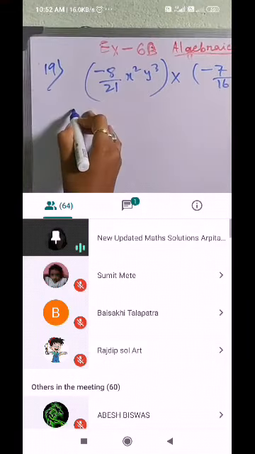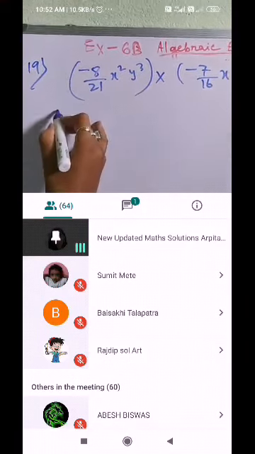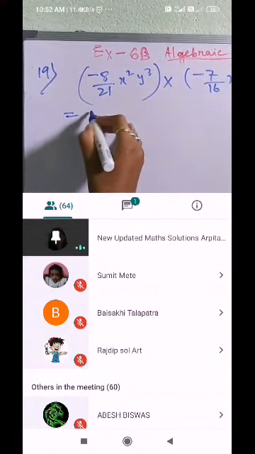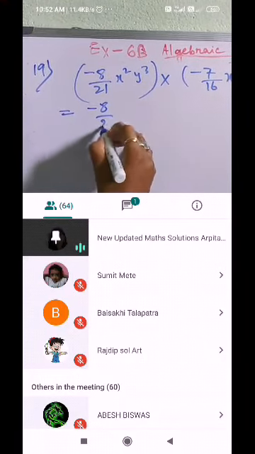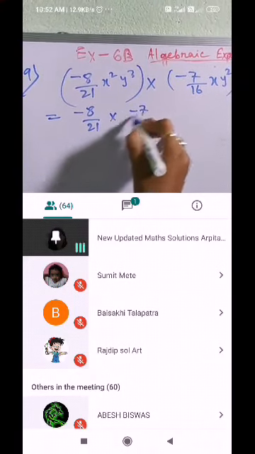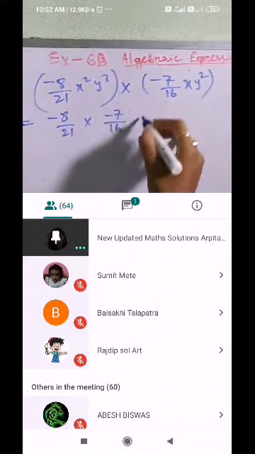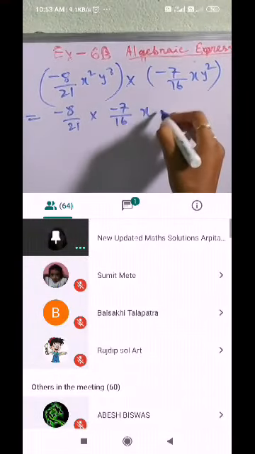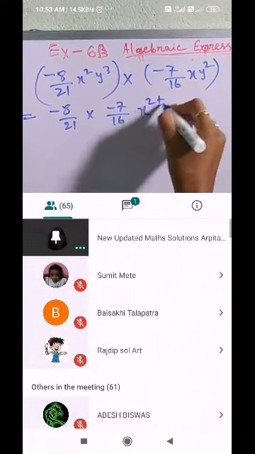Okay, first we have to find the product of it. This is question 19, exercise 6b. Minus 8 by 21 into minus 7 by 16. Then the power of x: here is 2, here is 1.